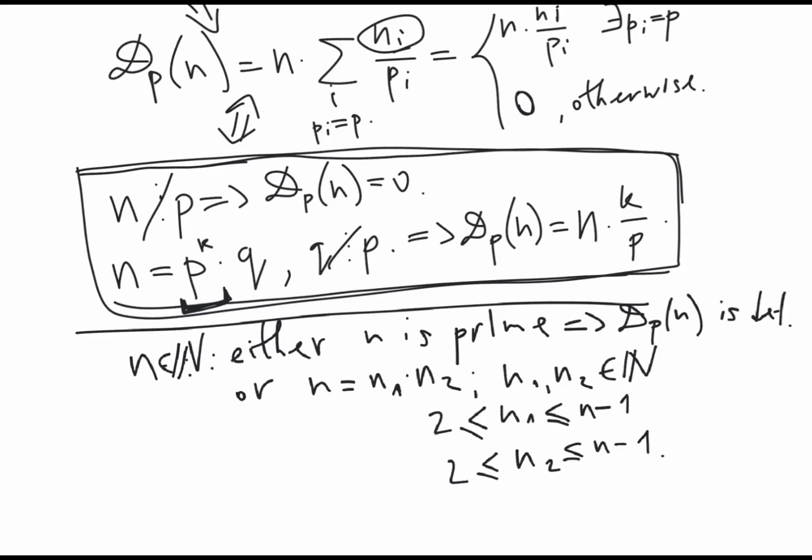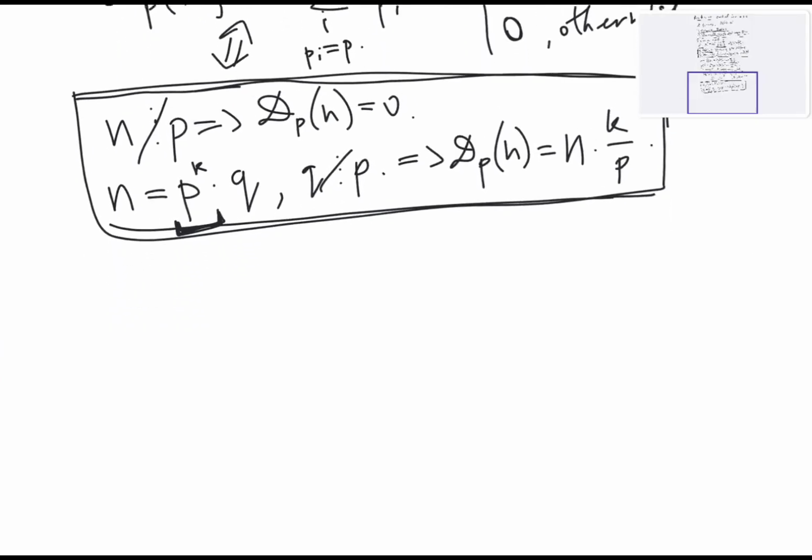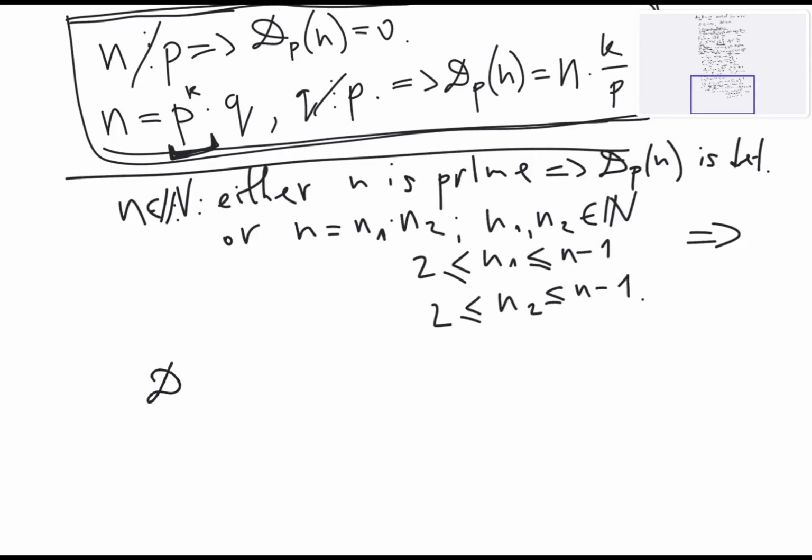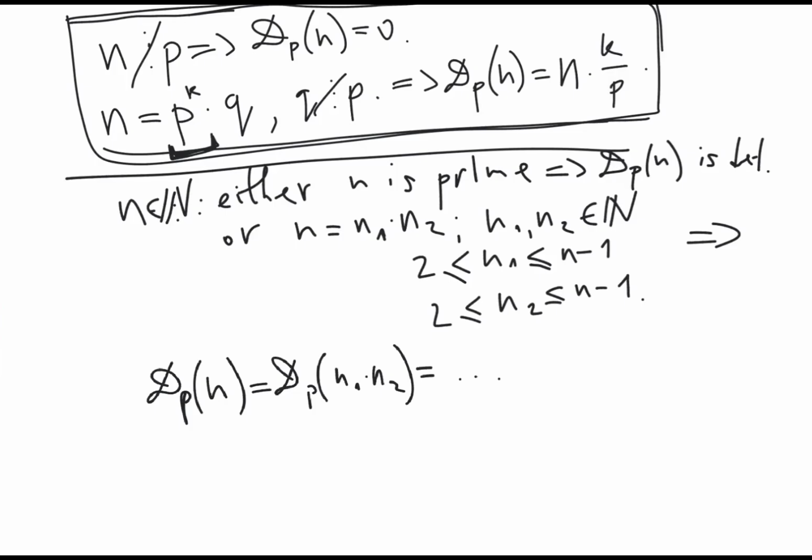In this case we use the product rule. We write that d_p of n is equal to d_p of n1 times n2, which is equal to d_p of n1 multiplied by n2 plus n1 multiplied by d_p of n2.